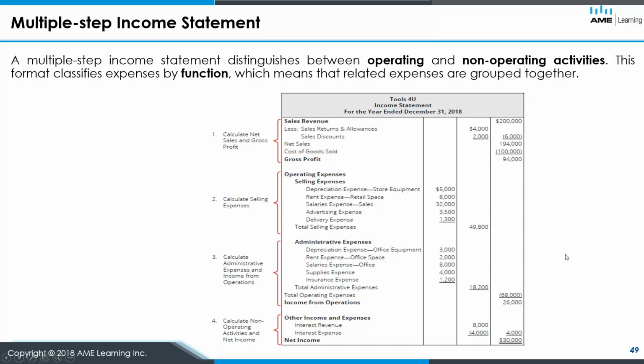That is revenue and expenses that we earn and incur, but that are not specifically related to the direct mission of the business. If we're a tool selling company, we might earn some interest revenue and pay some interest expense, but we classify those in a separate section just because they're outside of the primary operations of the business.